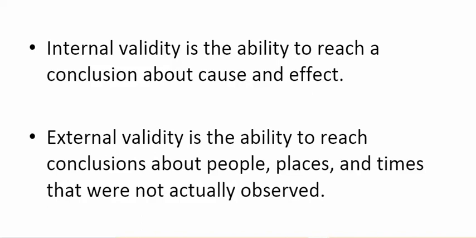I have high internal validity, but at the same time, it's going to be hard for me to reach a conclusion like students should take their exams in an air-conditioned room. It's going to be hard for me to back up that type of claim, because I haven't tested real-world situations. I've only tested an artificial situation.